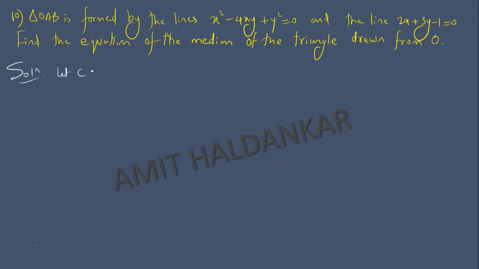Let C be the midpoint of AB. Therefore, coordinates of C are x1 plus x2 by 2, y1 plus y2 by 2.